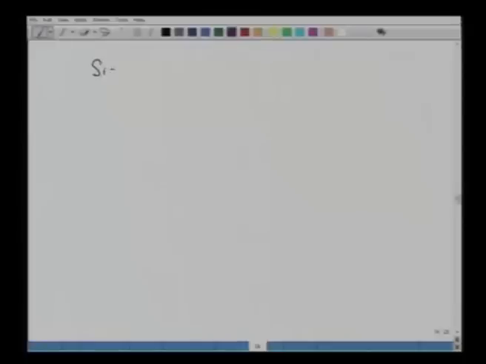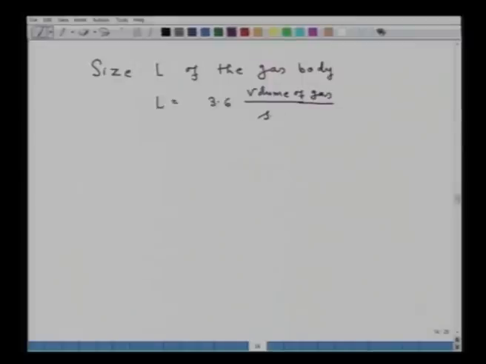In order to calculate this, we calculate the size L of the gas body, and this size L is given by 3.6 times the volume of gas divided by the surface area.